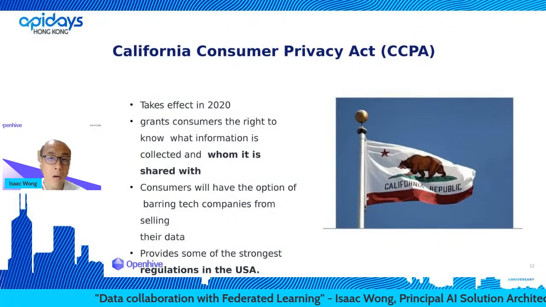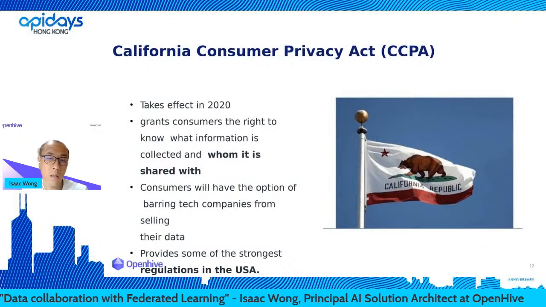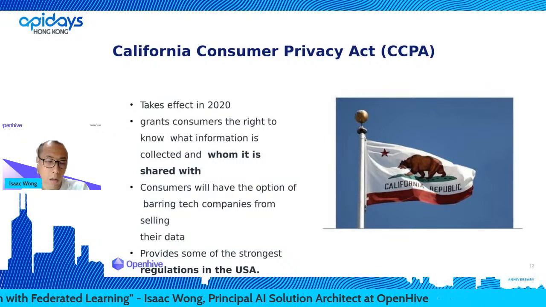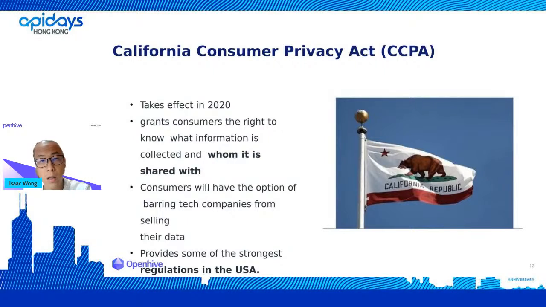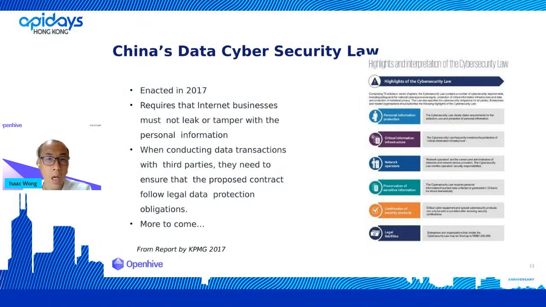And not only Europe. Even in the US, there are concerns on how data is being utilized, transferred or sold, and CCPA has been passed and exercised to control these areas. And back in China, we have had the cybersecurity law since 2017, and also PIPL as well.